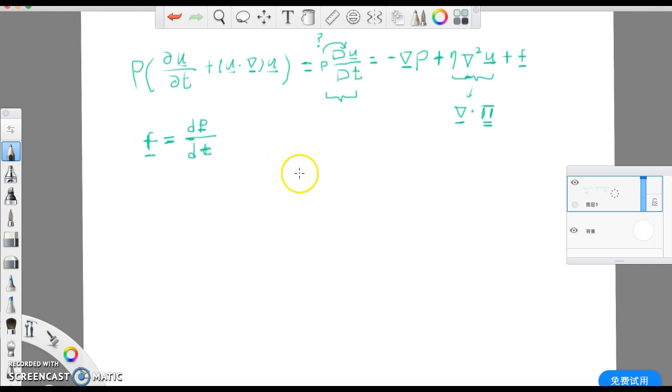So what I think about this question is, remember how we derive it. Let's just forget everything. Let's forget about this and just focus on this Euler equation.